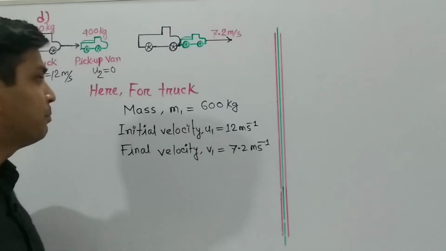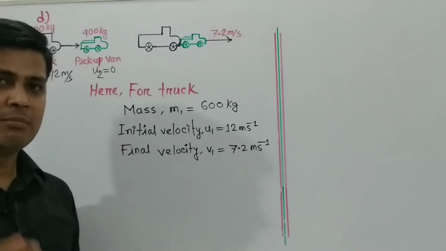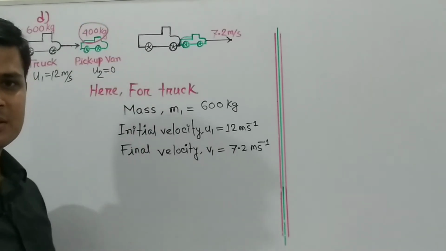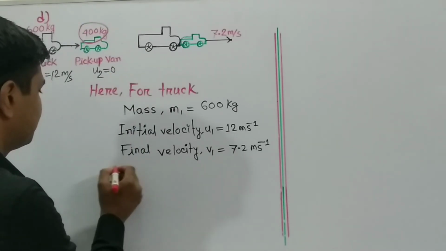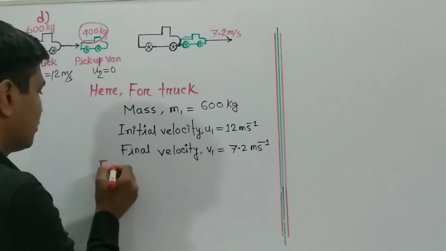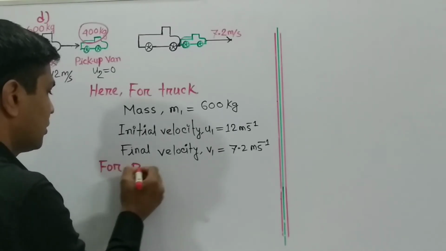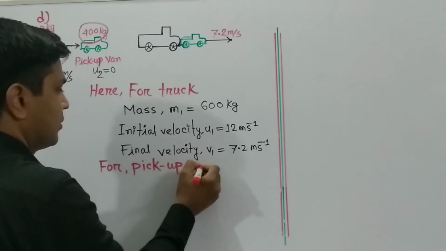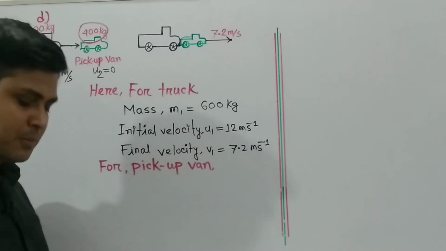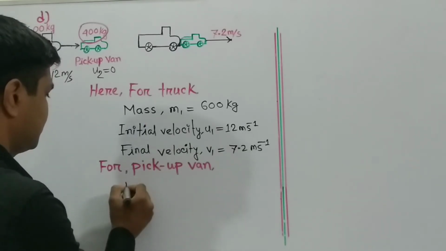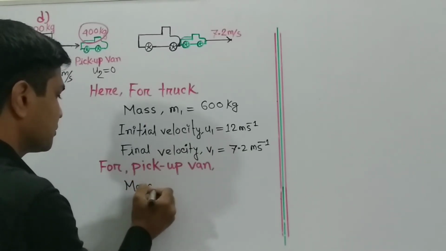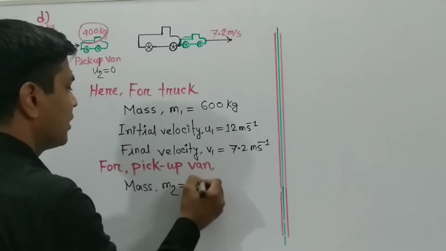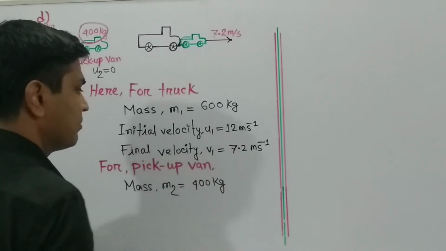Now in case of pickup van, the mass of the pickup van is given here 400 kg. So we can write here, for pickup van, the mass of the pickup van, which is m2, and the value is given here 400 kg.